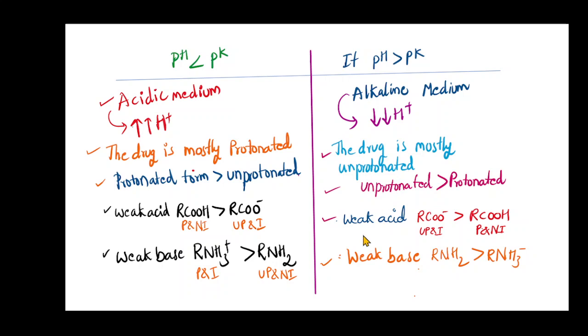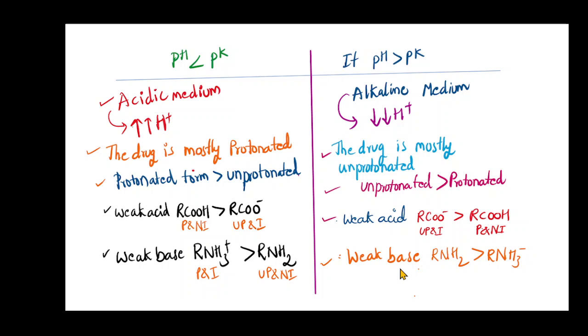For example, if you drop a weak acid drug in alkaline medium, it would be more unprotonated and ionized. Why am I saying unprotonated? Because there is no H present here, so unprotonated and ionized.